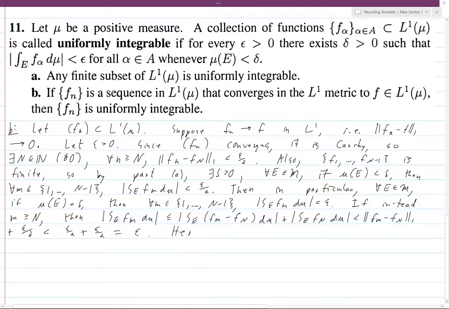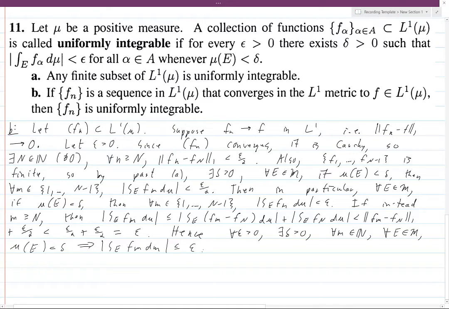And so then this is less than epsilon over 2 plus epsilon over 2, and that I believe is epsilon. So what does this mean? Hence for all epsilon greater than 0, there exists a delta greater than 0 such that for all m in the natural numbers, and for all E in script M, if the mu measure of E is less than delta, then the integral over E of f_m d mu is less than or equal to epsilon.